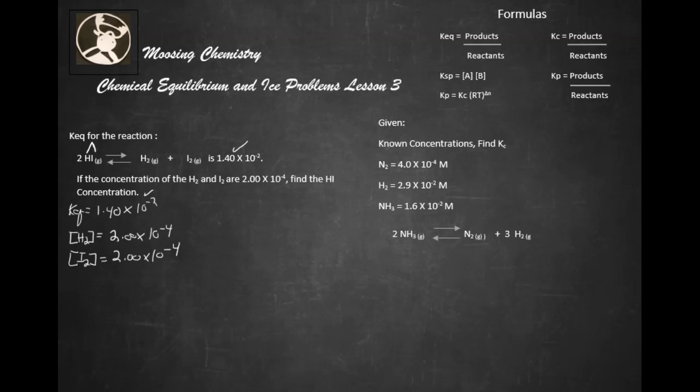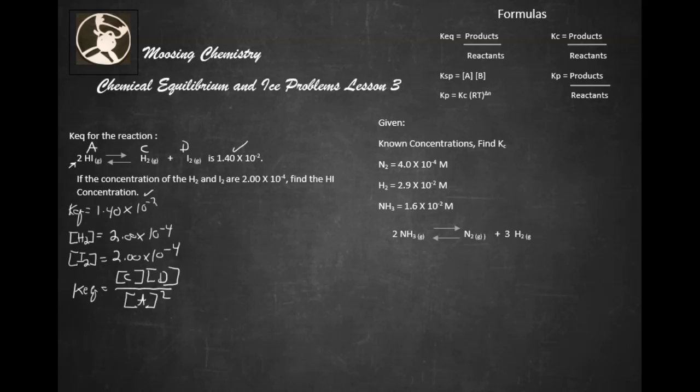Here's our one reactant, A, and this is going to be called C and D. So it would be Keq equals C times D divided by A squared. Where's that square coming from? This 2 right there.